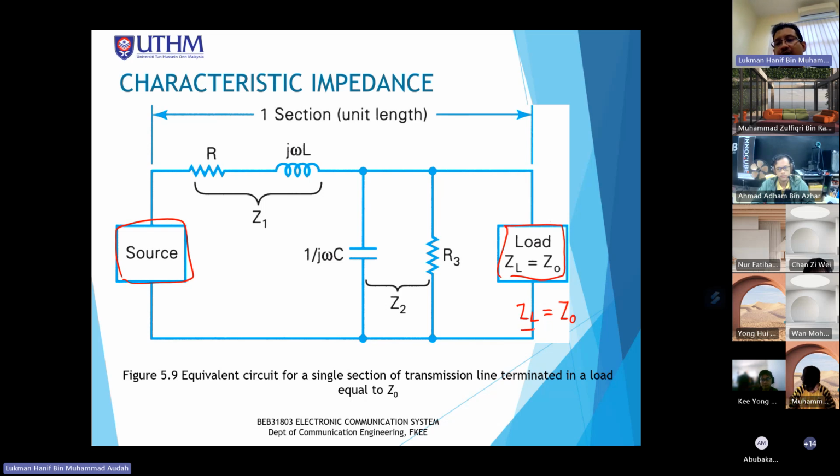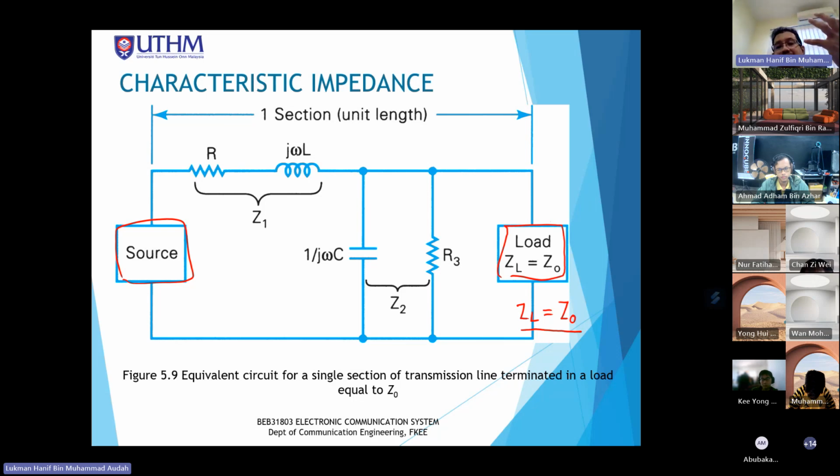If the load impedance is not equal to the characteristic impedance, that means there are going to be some losses. The term losses here means a reflection, a power reflection from the load back to the source. And we're going to see about this phenomenon later.